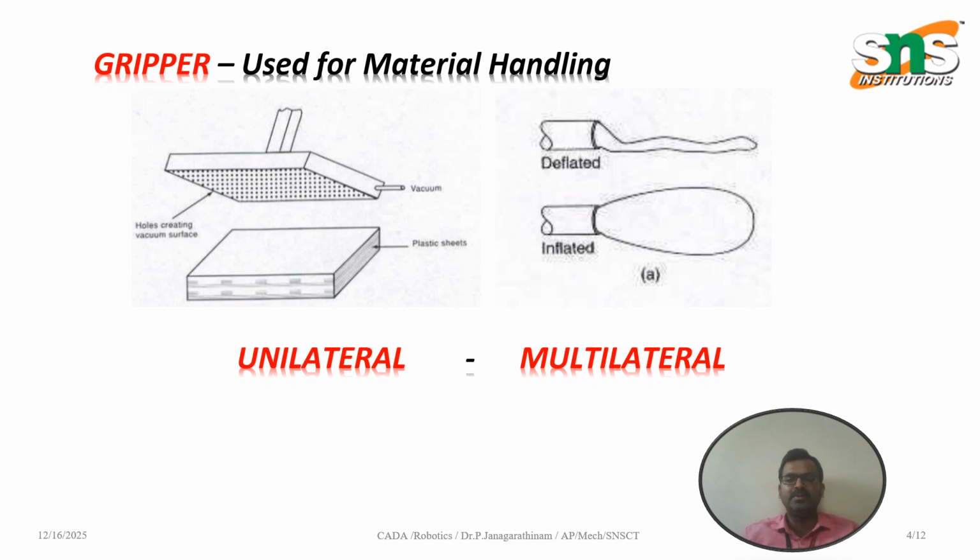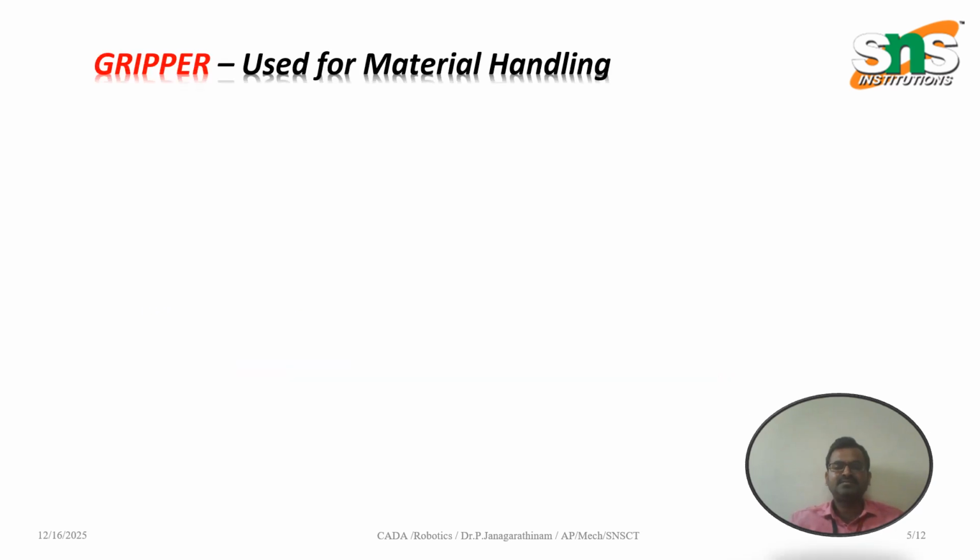This is the gripper used for material handling. This is the unilateral, which will be controlled, to the multilateral, with deflated types and inflated types, which can hold the workpiece and move it from one place to another place. That is known as material handling equipment.